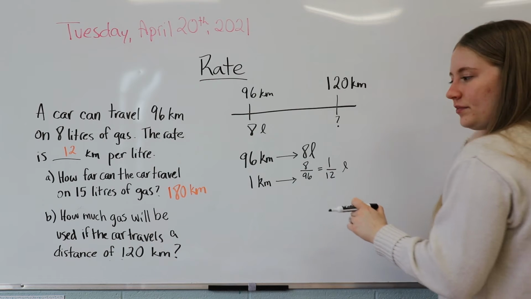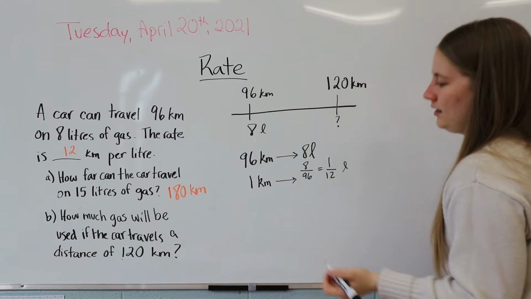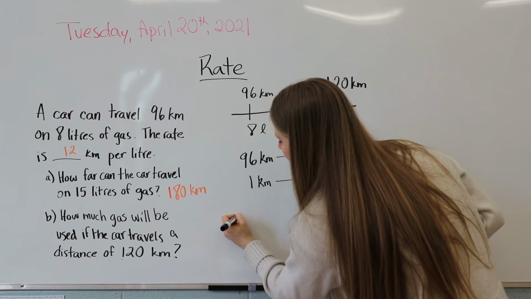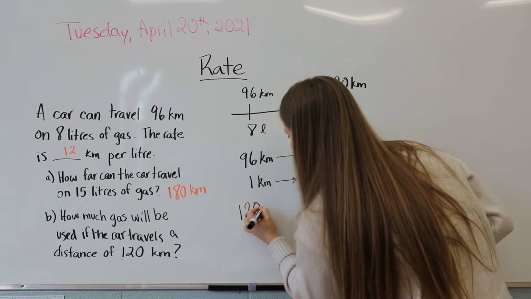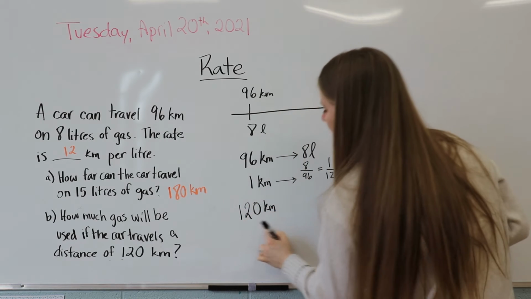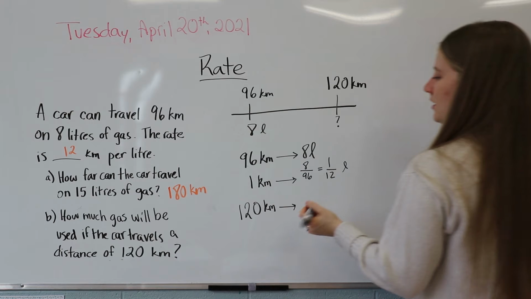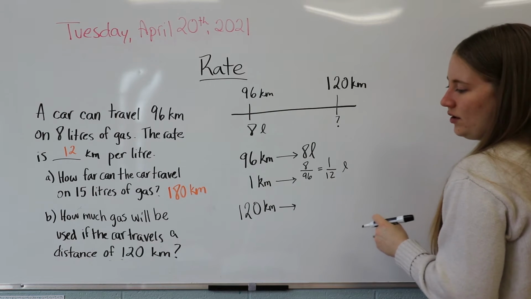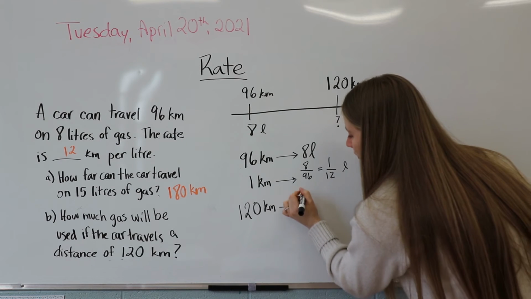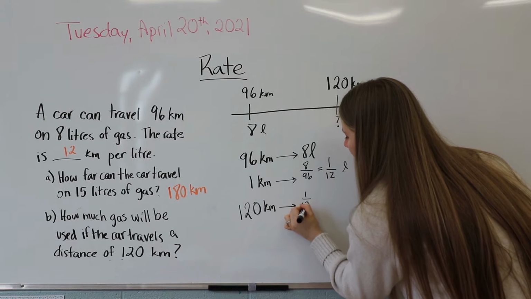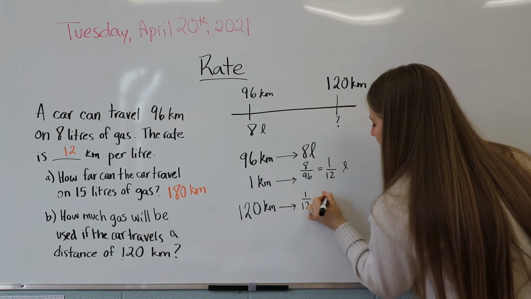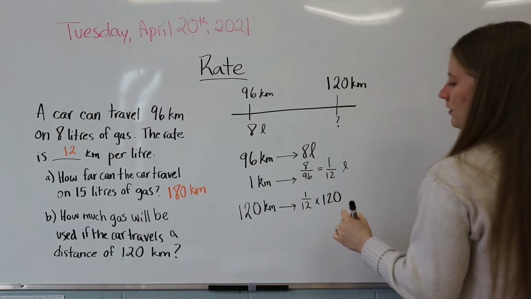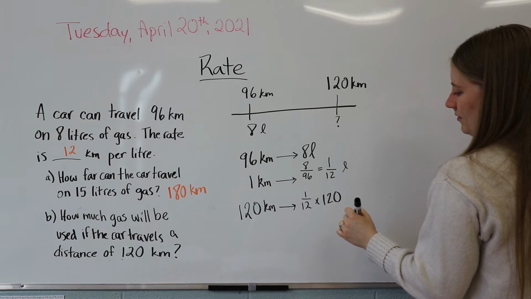Okay, so now we have to find the value of 120. So it goes on the left, and we know that in order to find that, we have to do 1 over 12 times 120. Okay?